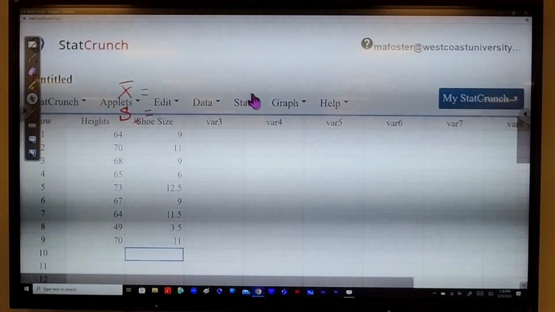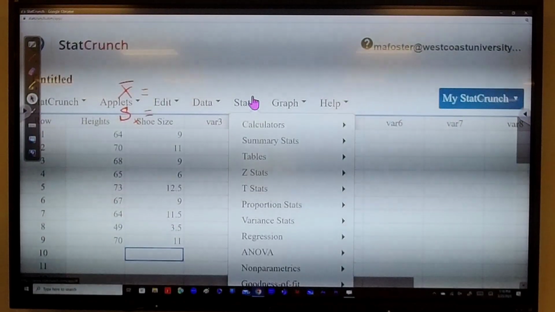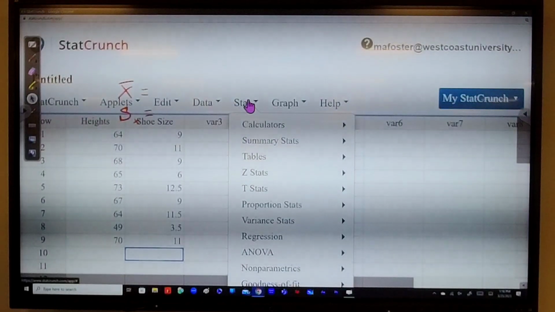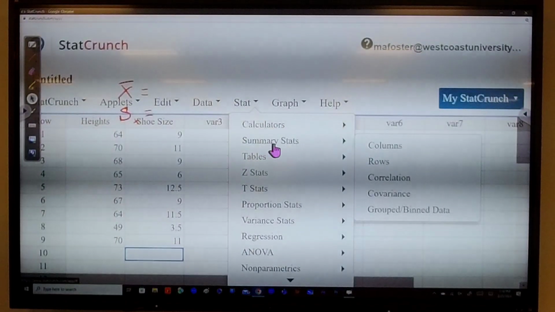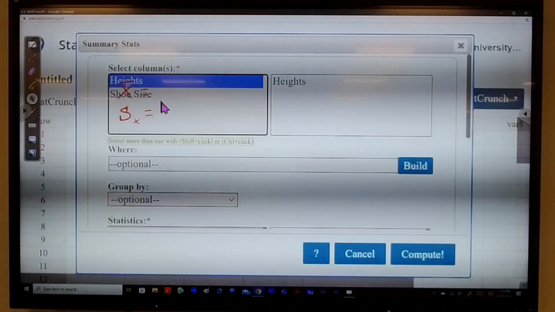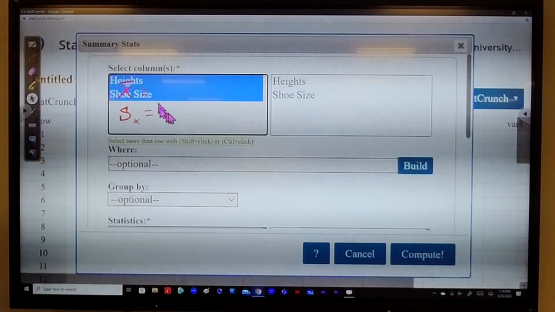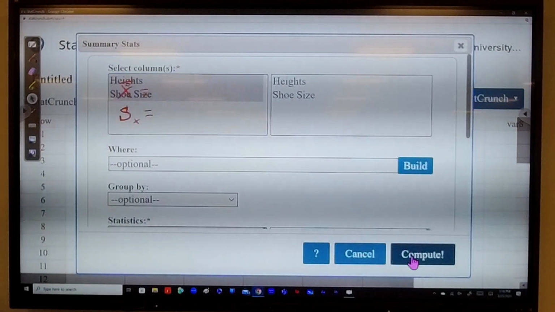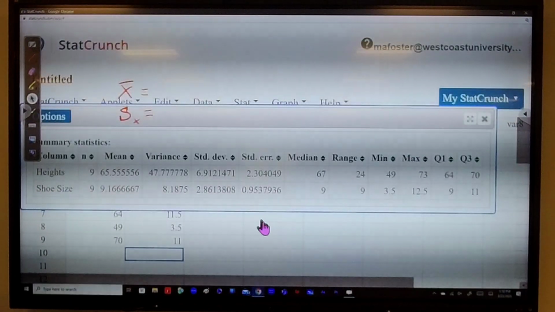Okay, well, I can do this pretty easily. In fact, I can do it just in one take, right? So summary stats columns, and I just pick both of them. I don't even have to do them one at a time. And click compute, and then there it is.